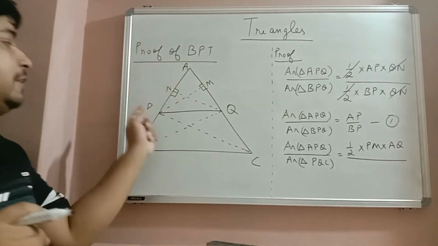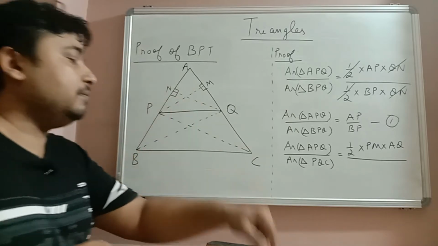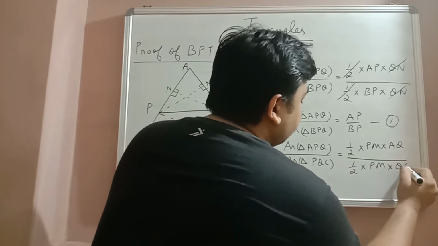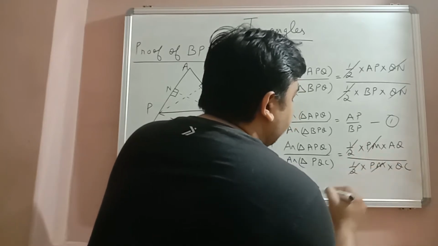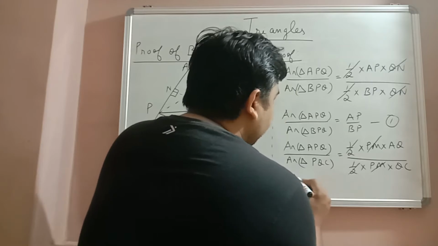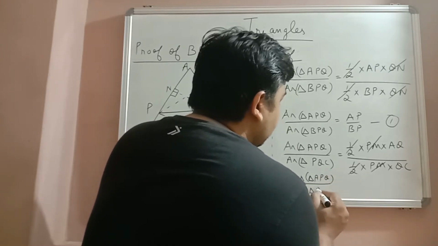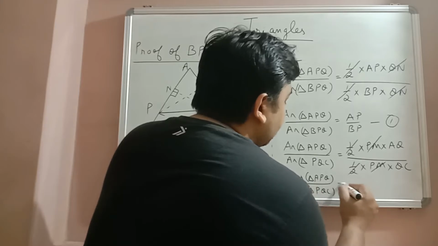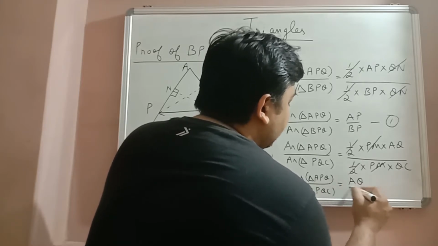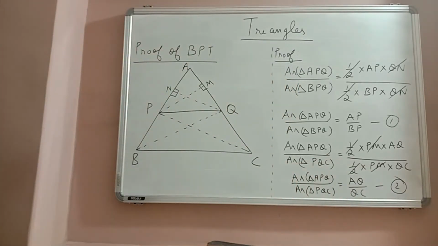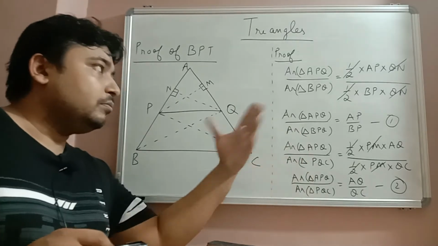And area of triangle PQC can be written as half into PM into QC. Again PM and PM get cancelled, half and half get cancelled, and we are left with area of triangle APQ upon area of triangle PQC equals AQ upon QC. Equation number 2. Now please note down this much. I need space to write further.